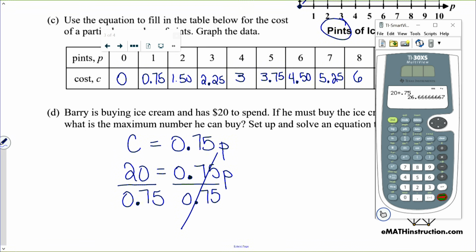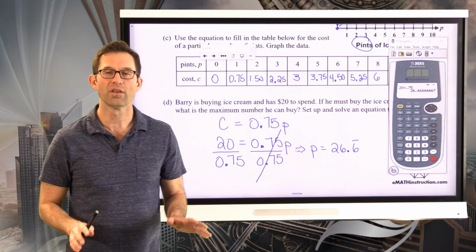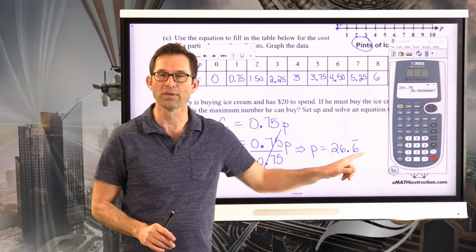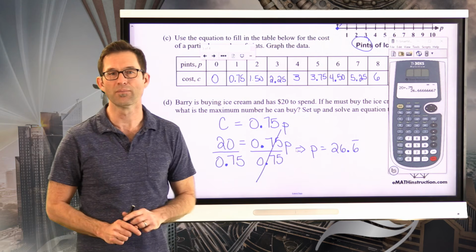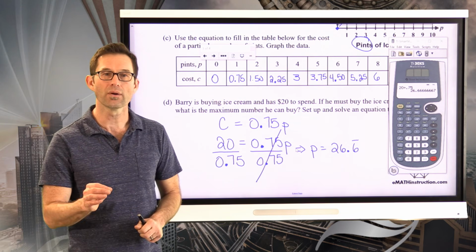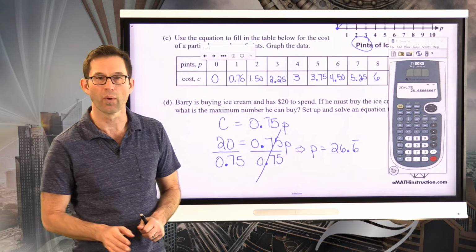And in fact, what I end up getting is the number of pints is equal to 26.6 repeated, right? Now, it would be tempting to say, well, since it's 26.6 repeated, that should round up to 27. Except clearly, Barry doesn't have enough money for 27.